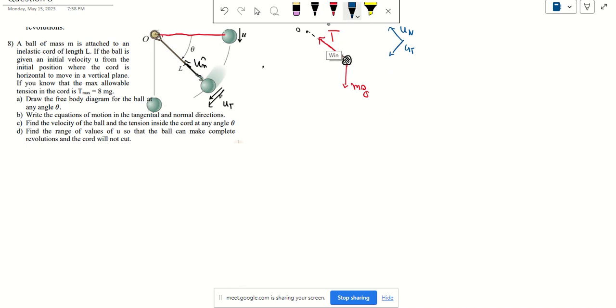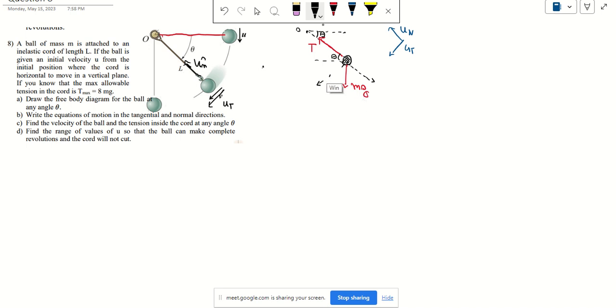So again, where is theta? Theta is here, and this is theta. So I will resolve in these two directions.